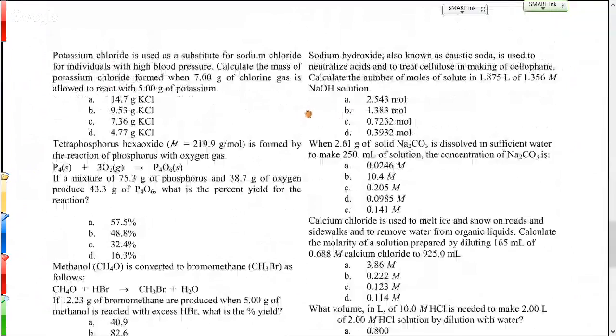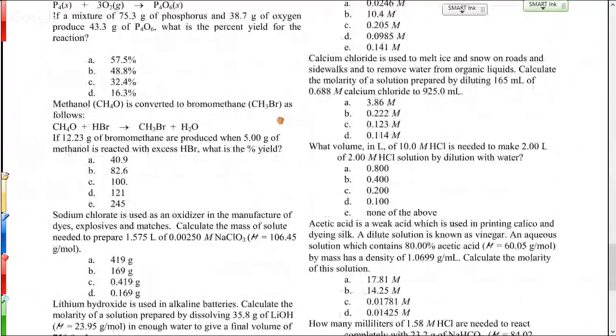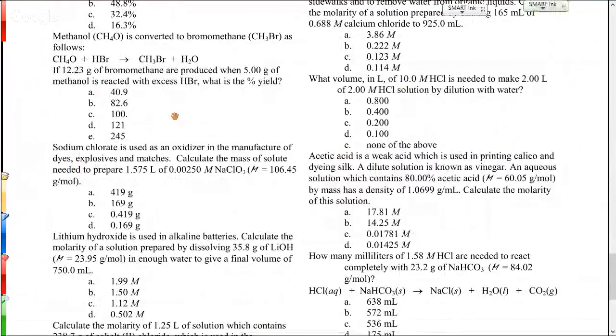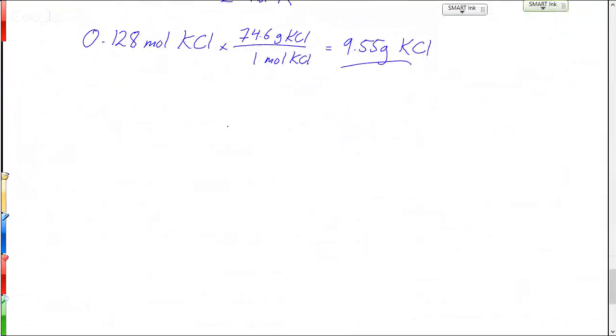These all require us to know some more reactions. Let me just write down another one for you. We'll get to those other ones after we do the reaction part.